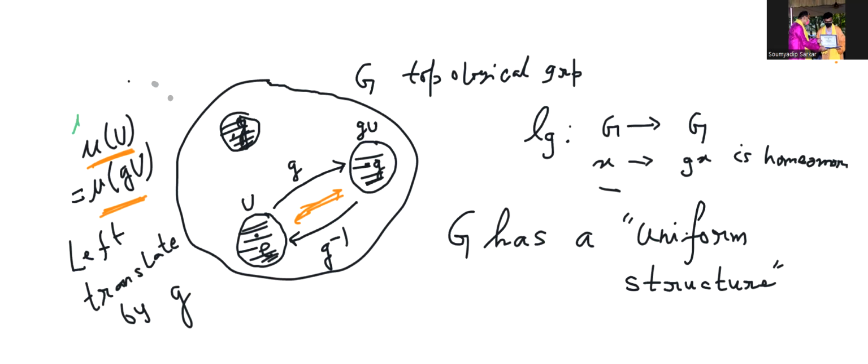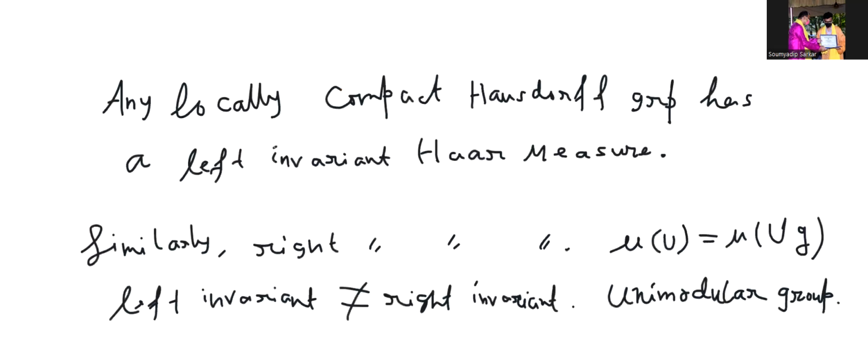This is a left invariant Radon measure. Similarly, you can define a right invariant Radon measure, with the property that the measure of U is the same as the measure of Ug. That means you have to take g on the right. This is a very important theorem: any locally compact Hausdorff group has a left invariant Haar measure. Similarly, there is a right invariant Haar measure.